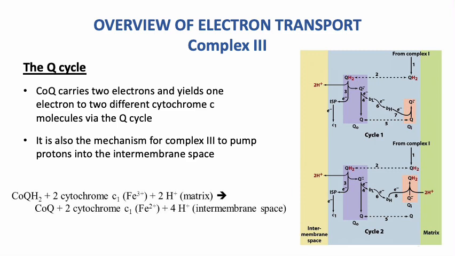What about the second phase? In the second phase, again, another molecule of QH2 is used, and one electron will be used to reduce C1, as I said earlier. In other words, the QH2 will lose 1 electron to the iron sulfur protein, to cytochrome C1, then to cytochrome C, then to complex 4.